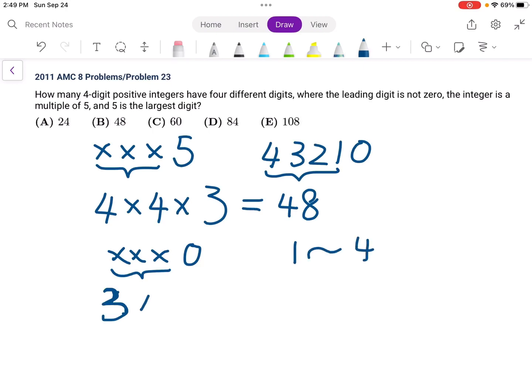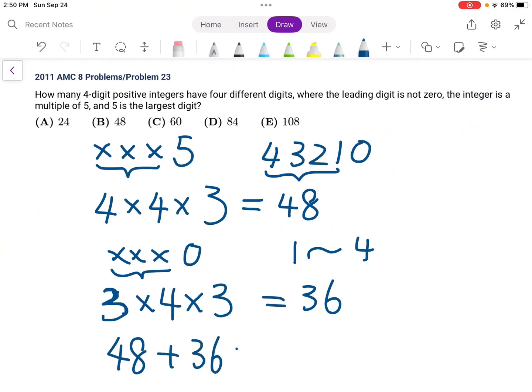That's 4 choices for the second position, whichever you choose to fill first. And then after that, from 1 to 4, there are 3 numbers left. So the last position is 3 choices. So that gives us 36 choices in this case. 48 plus 36 equals 84 total choices. Therefore, the answer is D.